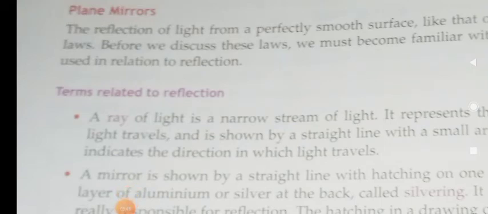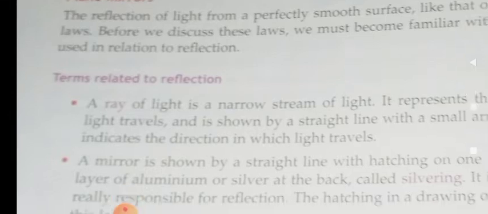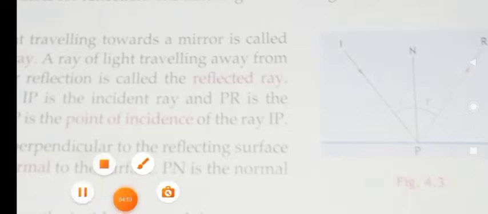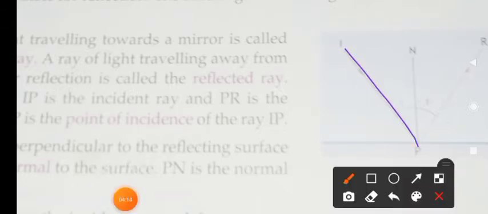They undergo some laws. There are some laws for reflection. Before entering into that, we will learn some terms for this reflection. When a parallel beam of light, a ray of light, falls on the surface of the mirror, we call this ray of light the incident ray.